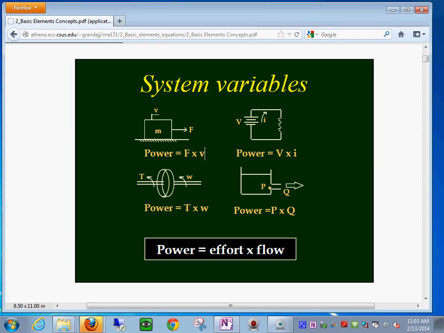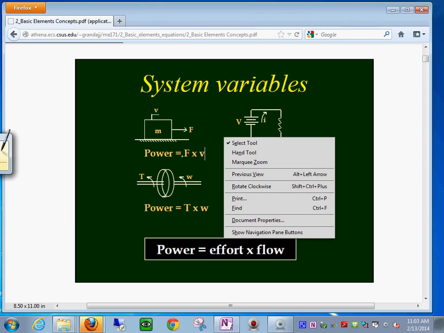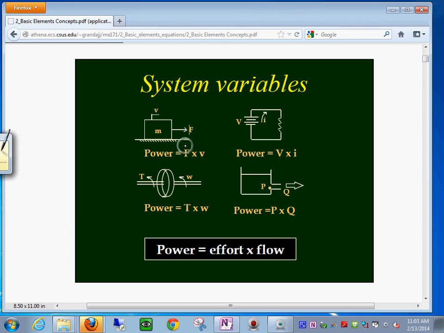But what Paynter is saying is this family of variables called force for this system, called voltage for this other, called torque for this other system, and this one called pressure.